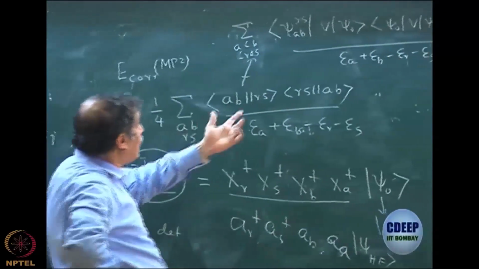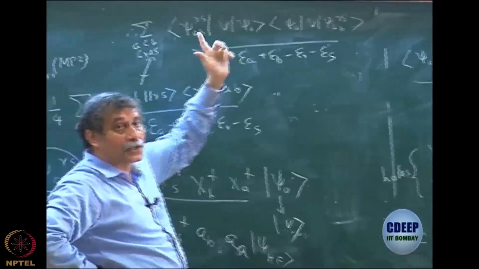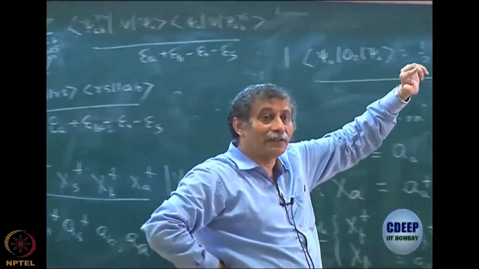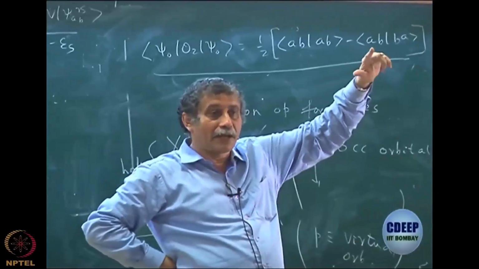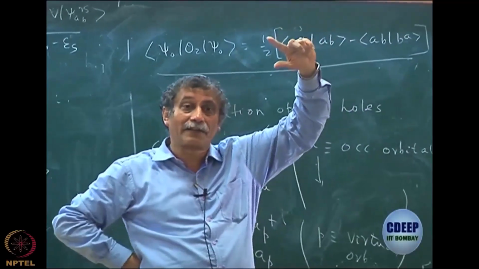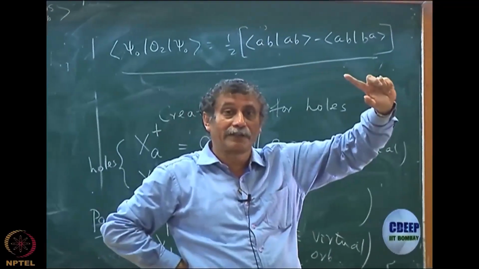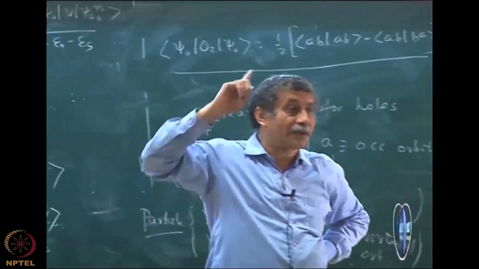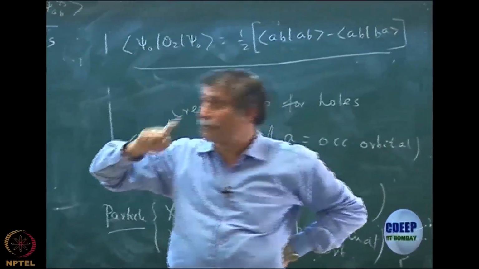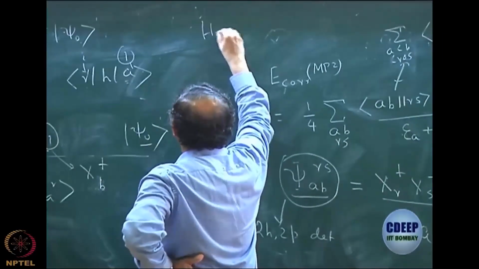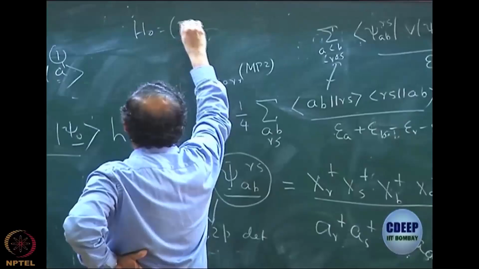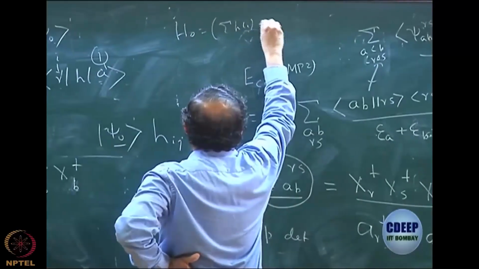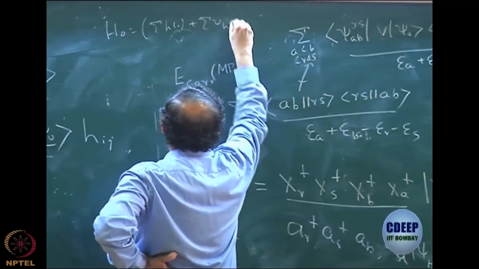Then remember, what did I do? I wrote the perturbation operator as the sum over 1 by Rij minus the sum over V Hartree-Fock of i. Remember, V Hartree-Fock of i is very important, because that must be subtracted in the perturbation operator, because my H0 is a sum of the Fock operators, right? So my H0 was the sum over h of i plus the sum over V Hartree-Fock of i, correct?